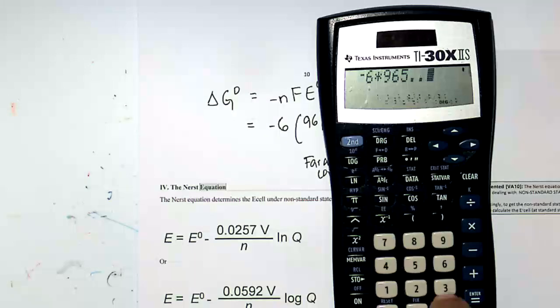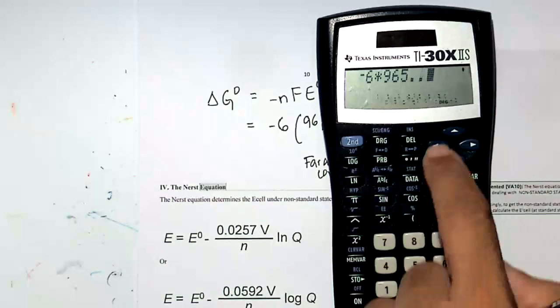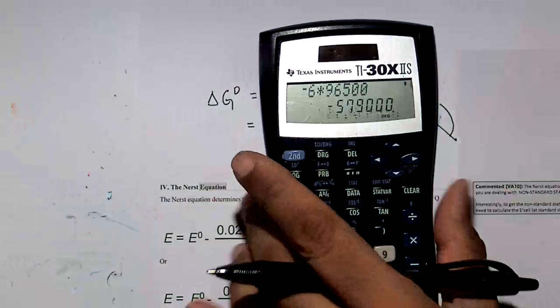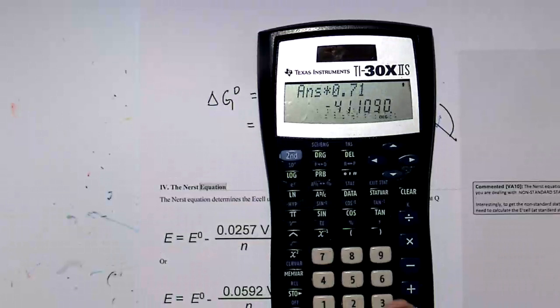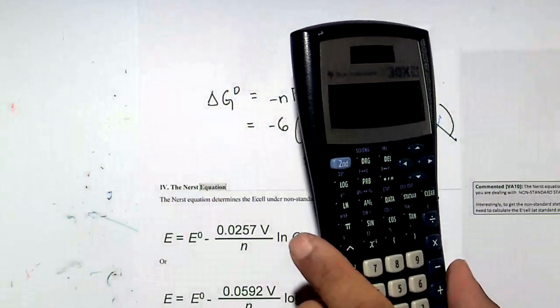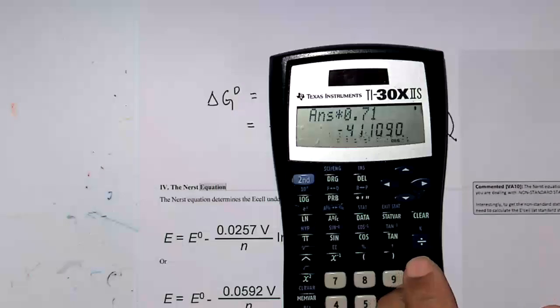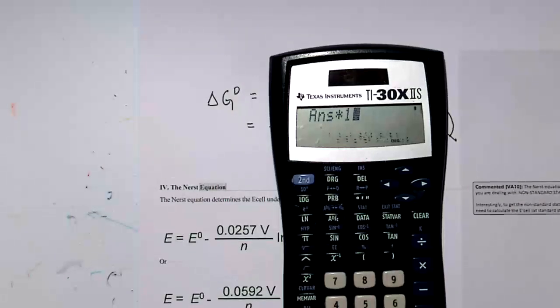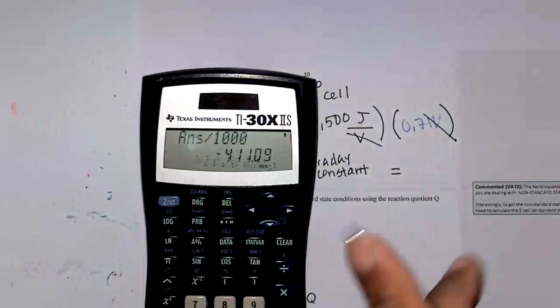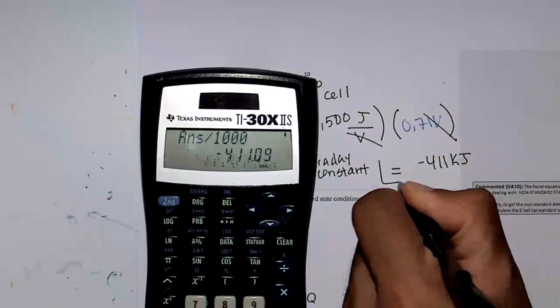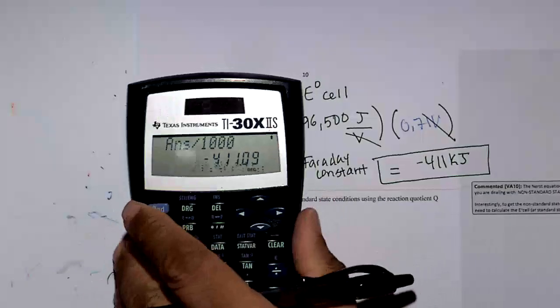Minus 6 times 96,500 times E cell, 0.71. What is that? Minus 411,000. I'm going to divide it by 1,000 to make it in kilojoules. You can do minus 411,000 joules, or you can do minus 411 kilojoules. It's perfectly all right. And this is our answer.